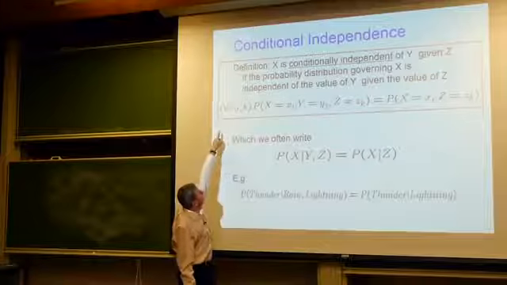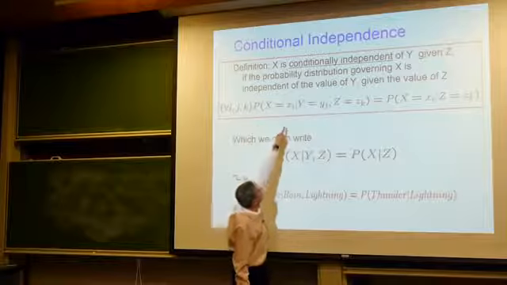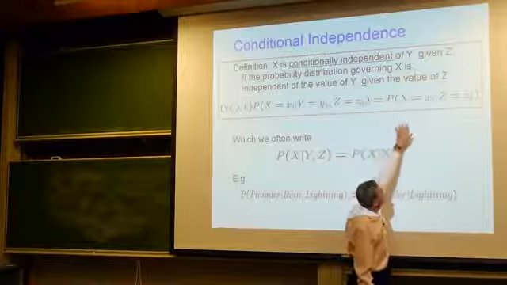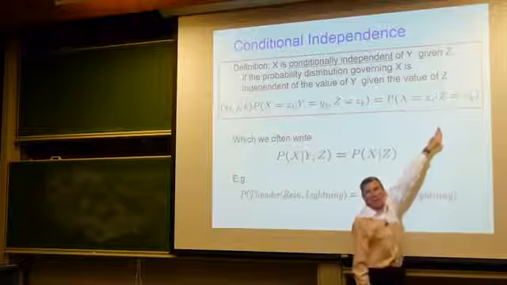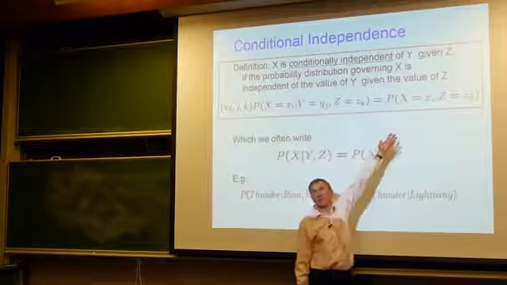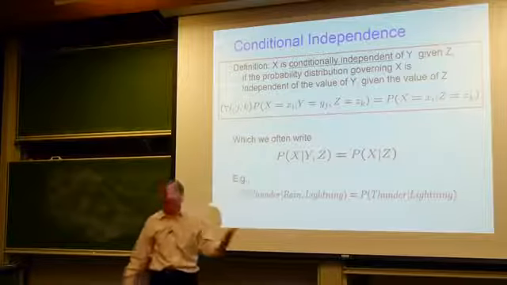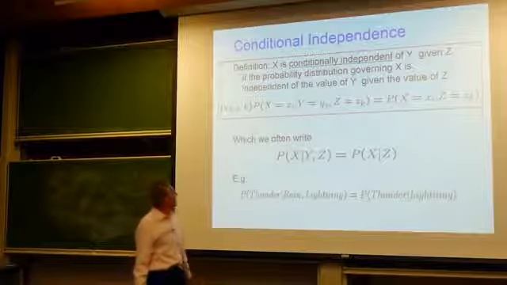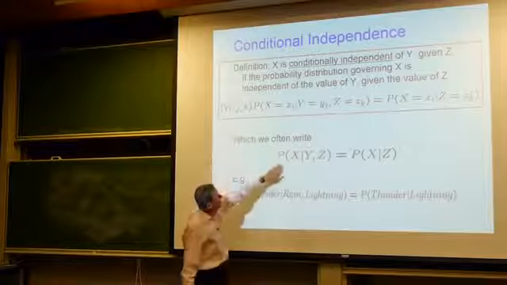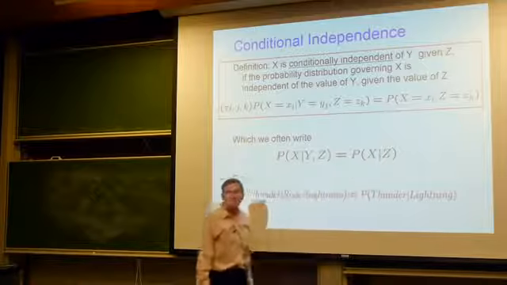Put another way, for all the values that x, y, and z can take on, the probability that x will take on that value, given that y and z take on these values, is exactly the same as the probability of x if we only know z. In other words, y doesn't matter once we know z. Sorry, x is conditionally independent of y given z. We'll often write it without the quantifier: the probability of x given y and z equals the probability of x given z.